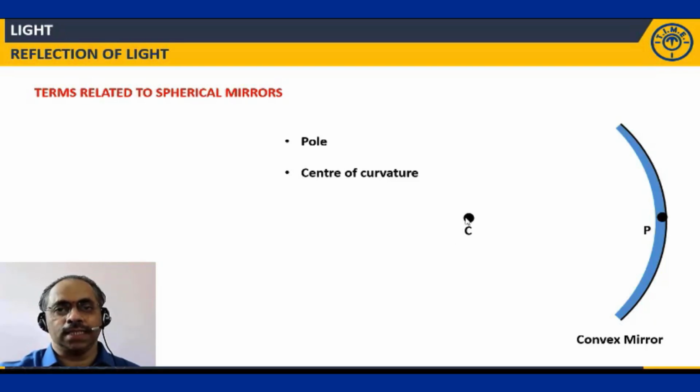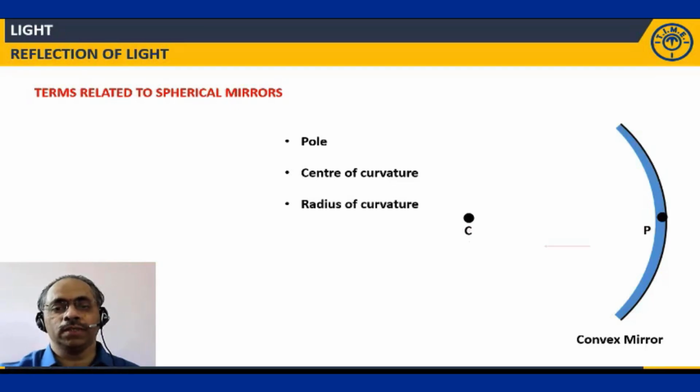Now from the center C to any point on the mirror, if I draw a line joining the center and that point, that will be the radius of curvature.